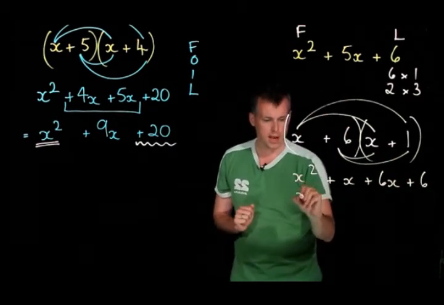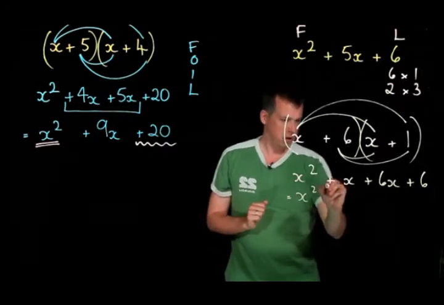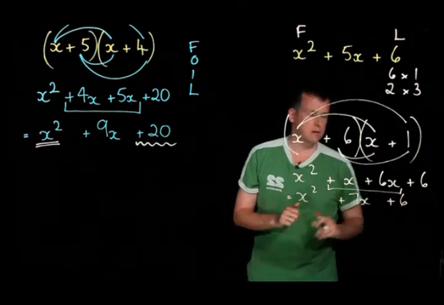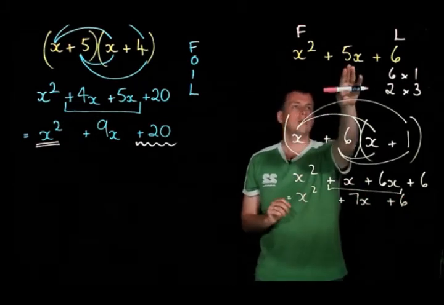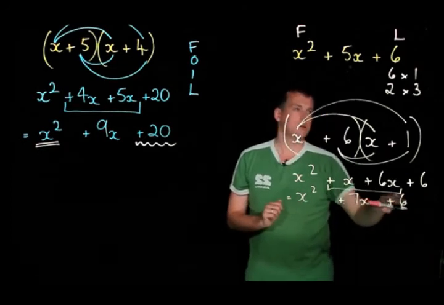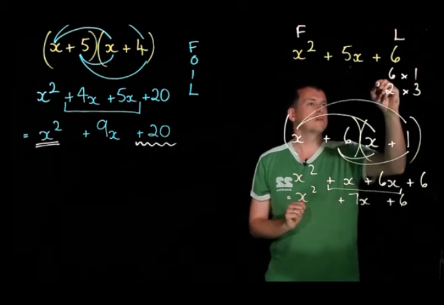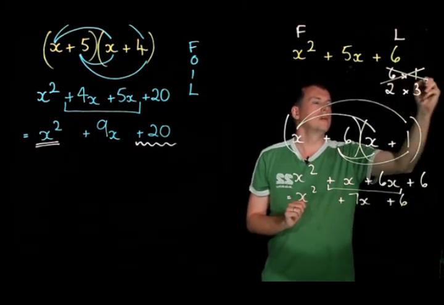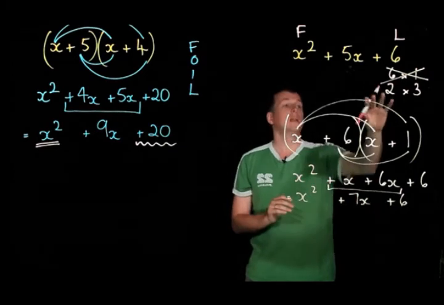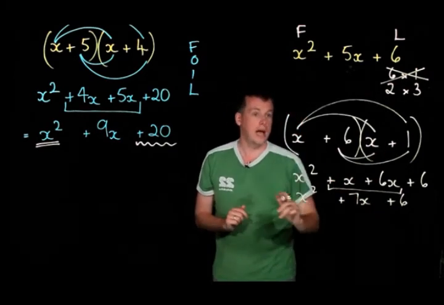So I end up with x squared plus 7x plus 6, which isn't the expression that we started with, and therefore that isn't the solution. We can discount 6 and 1 being the pair of numbers that we need to put in the brackets. That only leaves us with 2 and 3.